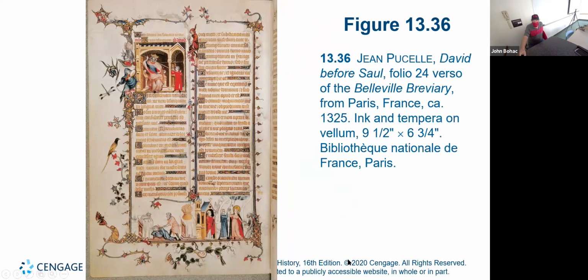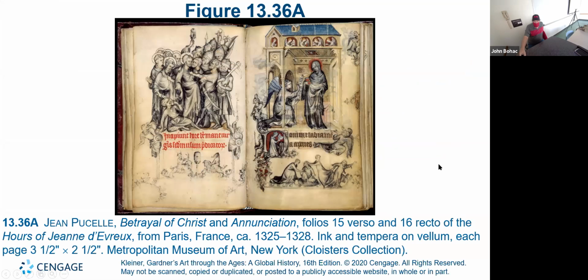We start to see Jean Pucelle, who is a very famous manuscript artist, and he has a brother. They call them the Pucelle brothers, but bottom line, this is it. Betrayal of Christ.